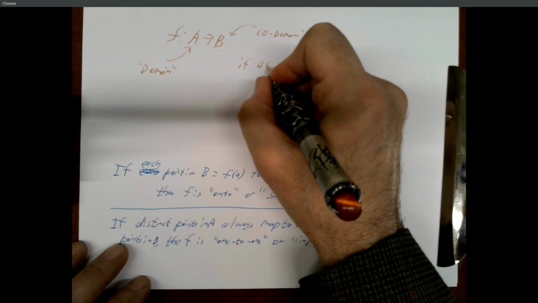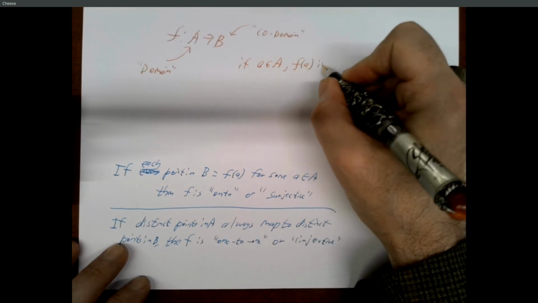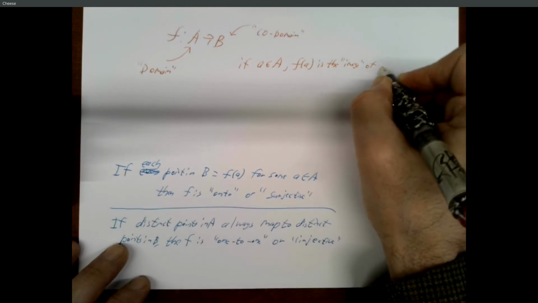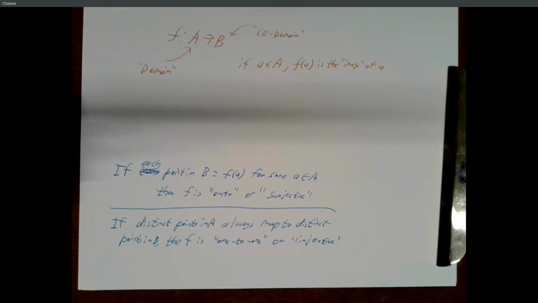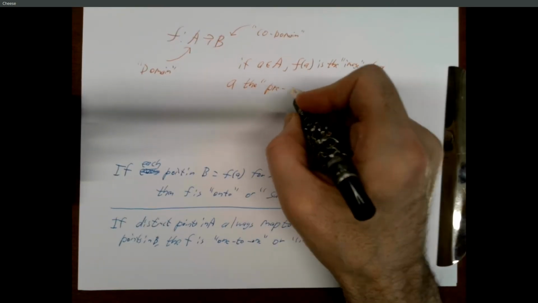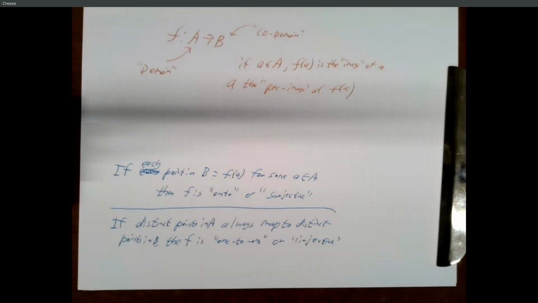And if little a is contained in the set A, then we can say f of a is the image of little a. And so we're kind of thinking of this as projecting from A to B. Here's this point in A, there's the point that it projects to in B. So we can call f of a the image of a, and we can call a the pre-image of f of a.